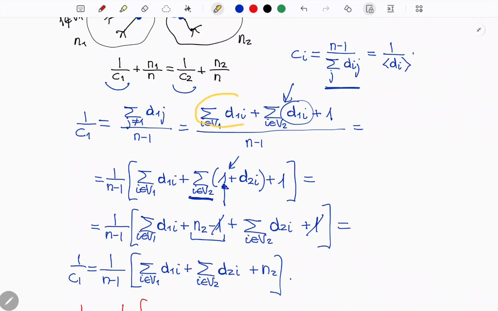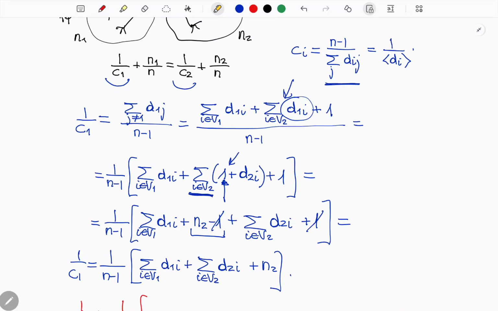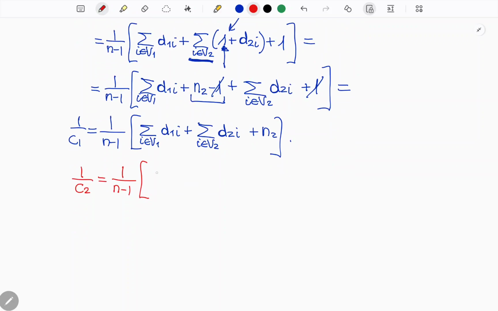For the nodes that are in V1, I will have to count 1 plus all the nodes that are in V1 — well, this 1 is the distance from 2 to 1 — and the distance from 2 to i, plus the distance in V2, the distance from 2 to i.